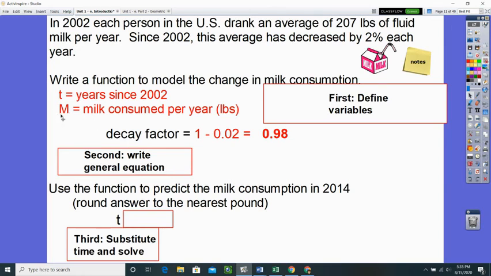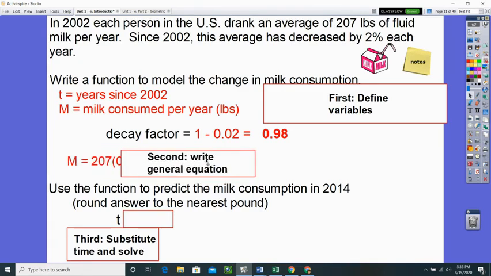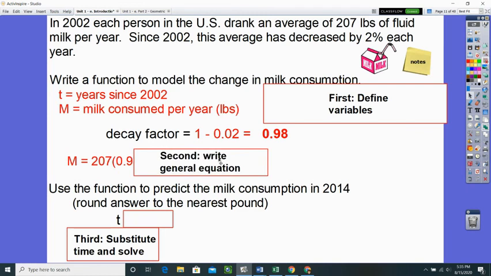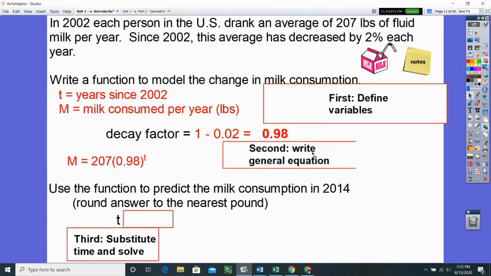M, the amount of milk per year in fluid pounds, equals my start amount, 207, times my decay factor 0.98 raised to the T, the amount of years since 2002. There is my general function.